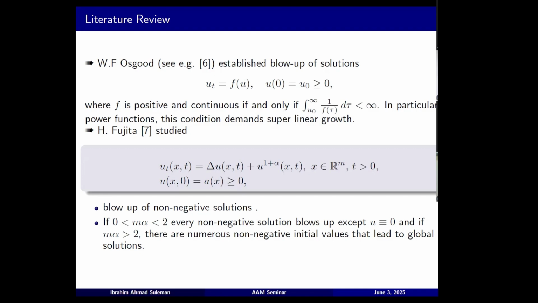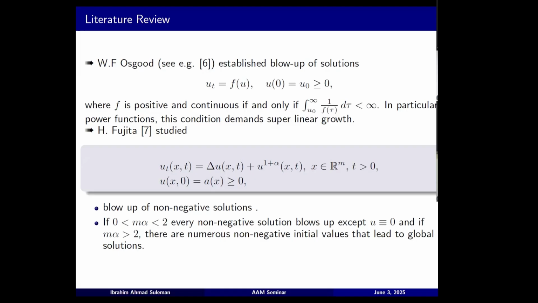Here, Fujita was interested in blow-up for non-negative solutions of the reaction diffusion equation. And this blow-up problem and global existence are connected to the nature of the domain and the behavior of the exponent.